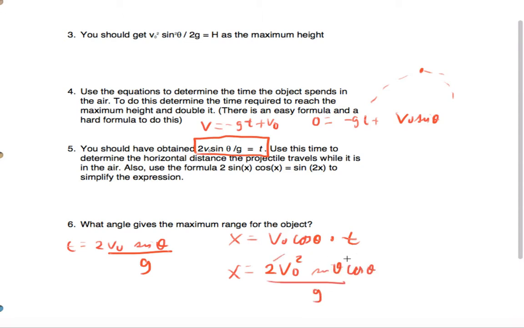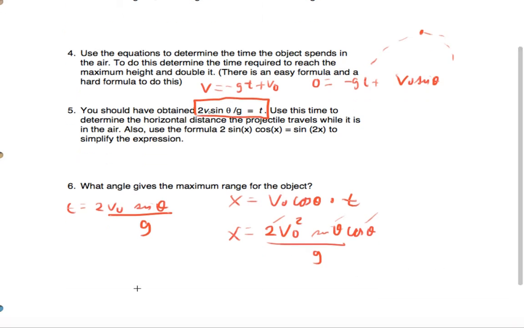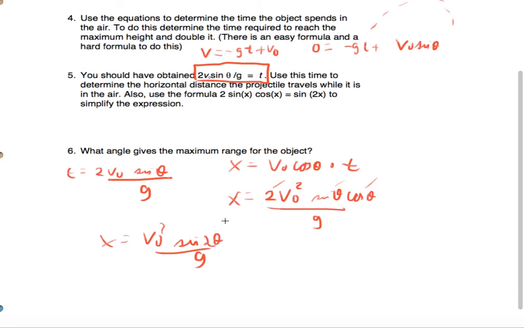And we can do a little trig thing here to note that x is equal to v naught squared sine of 2 theta over g. If you notice, since the sine is 1 when the angle is 90 degrees, that means we get our maximum range when theta is 45 degrees.